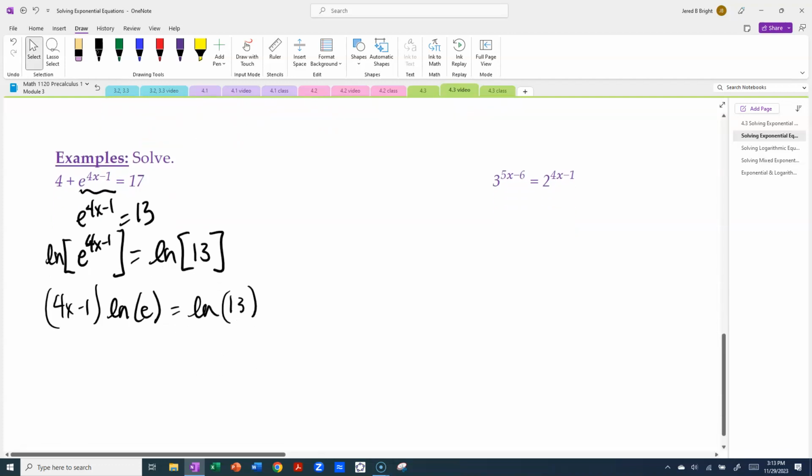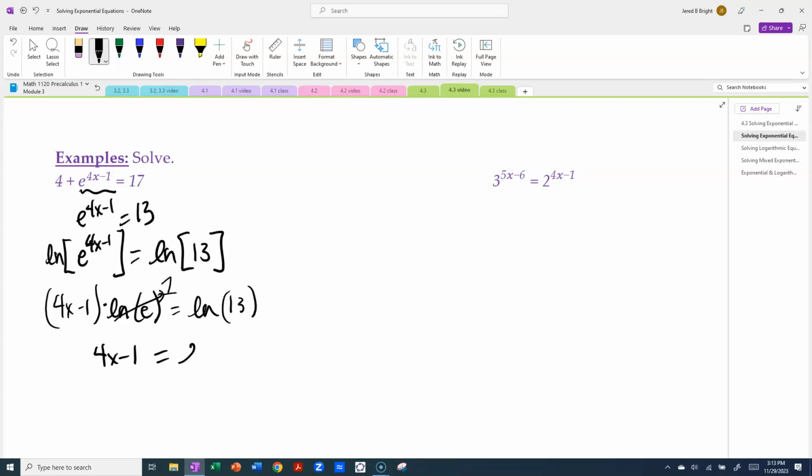And I chose a nice logarithm here because natural log of e is just 1. So the left-hand side simplifies to just 4x minus 1, that quantity times 1, or simply 4x minus 1 is equal to natural log of 13, which is coincidentally the same thing you get using the circle method or the tattoo. Finish solving for x by adding 1 and dividing by 4. Okay, so there you go.